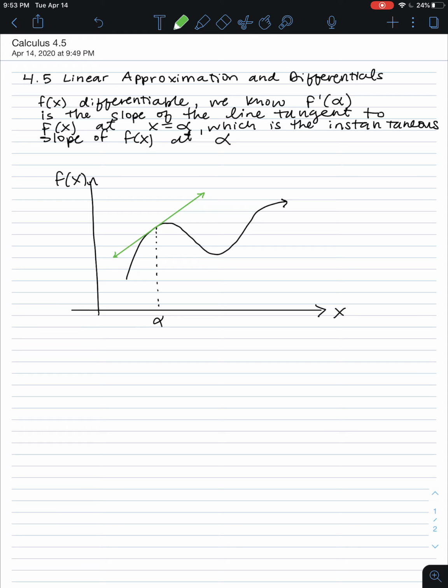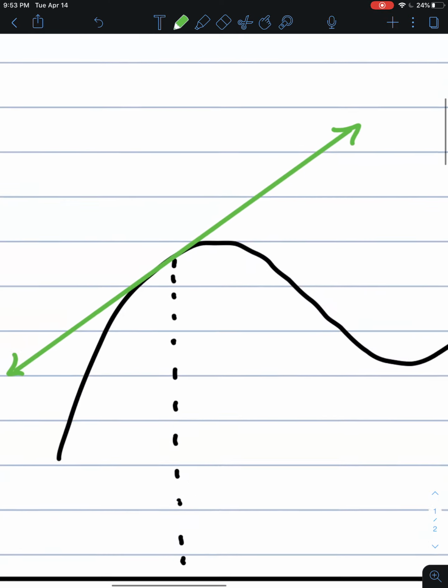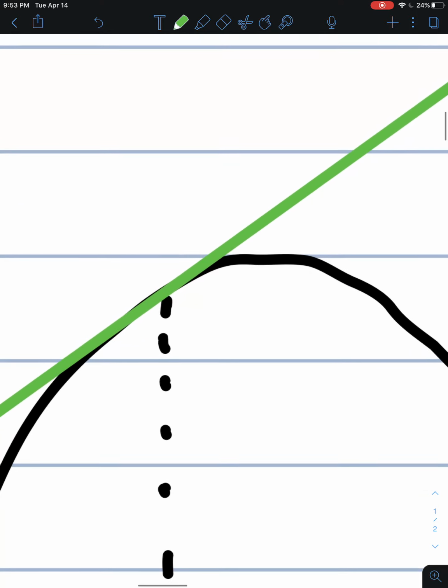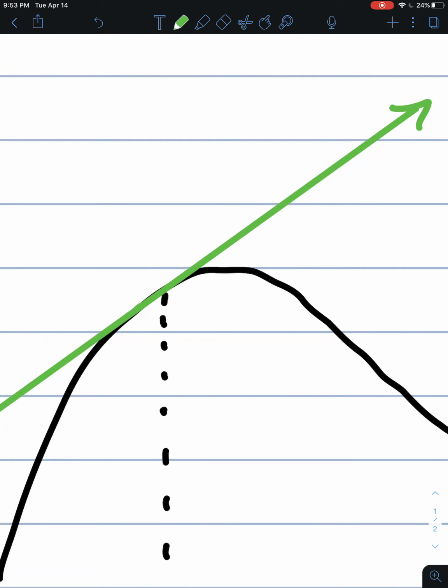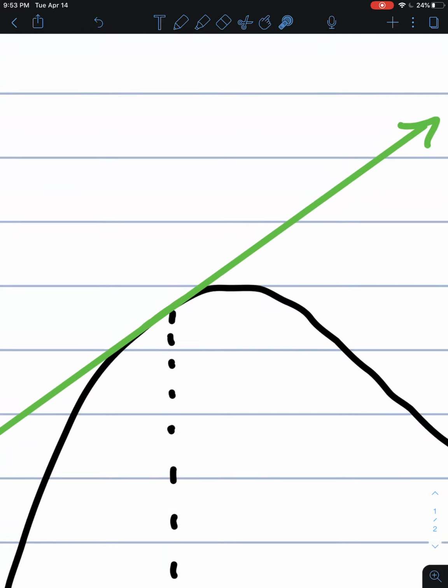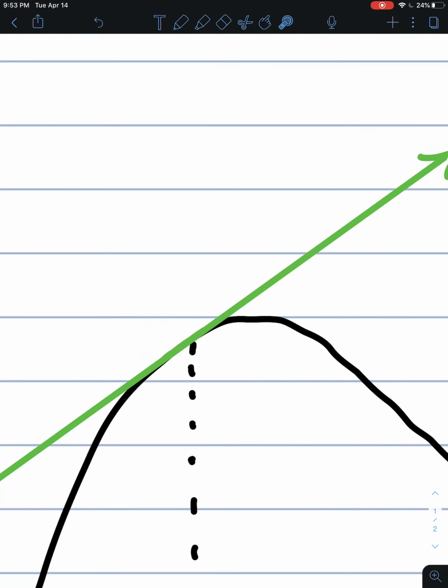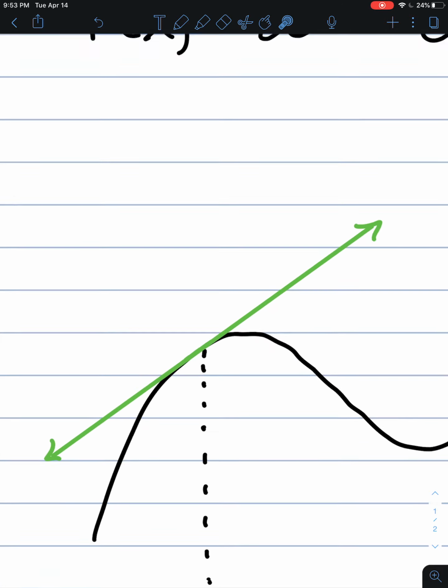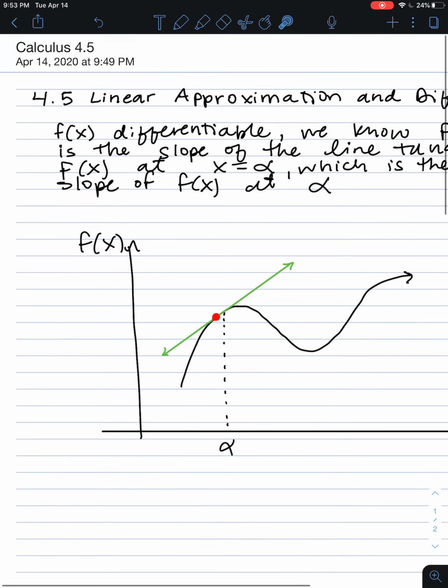If I were to zoom in really close on this point, I guess I drew it badly. Anyway. If we zoom in really close to this point, we can see that our tangent line has a little region around here where it is very similar to the values of our actual function f of x.